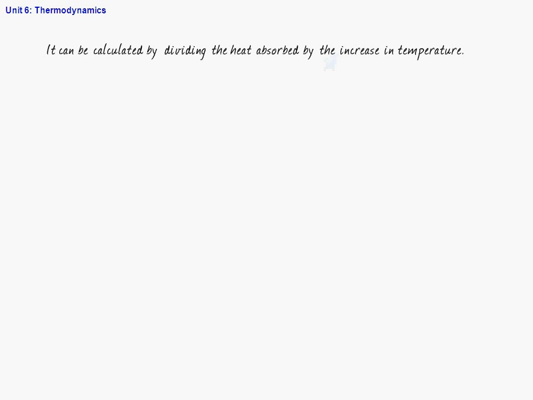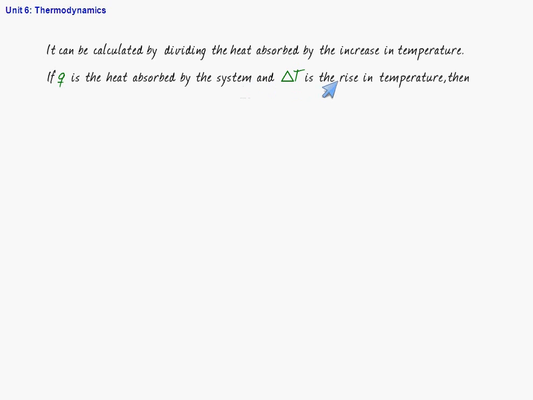Now, if Q is the heat absorbed by the system and delta T is the rise in temperature, then C is Q upon delta T. So in words, heat capacity is equal to heat absorbed upon rise in temperature. I hope you have understood heat capacity.